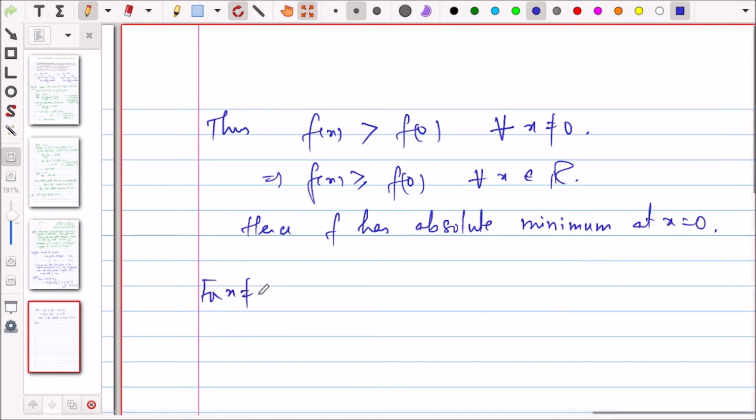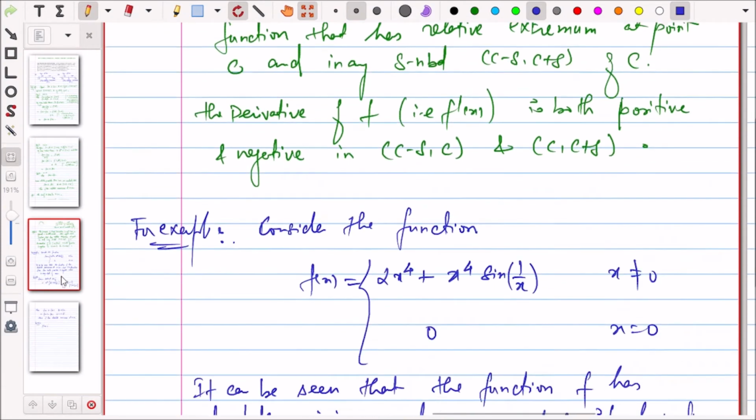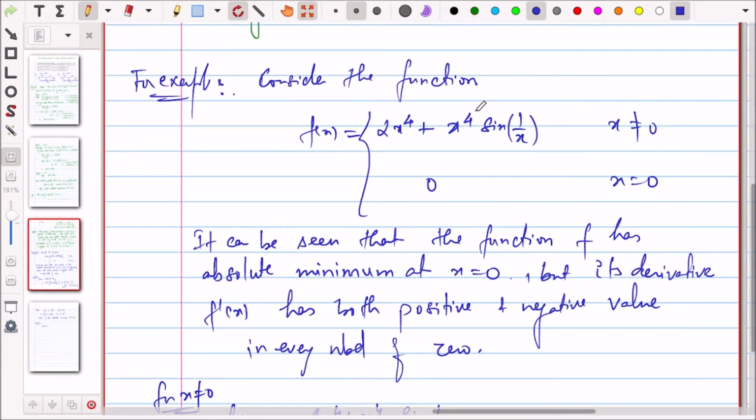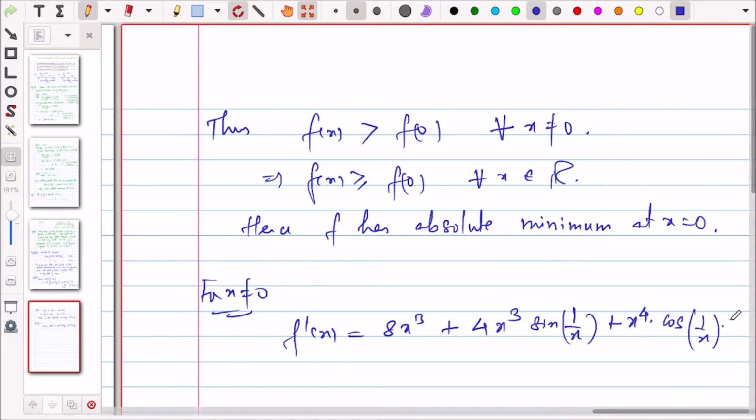Now for x not equal to 0, what is f dash x? The derivative of this, right? So what is the derivative of this? It is 8x cube plus 4x cube sine 1 by x plus x to the power 4 cos 1 by x into minus 1 by x square.